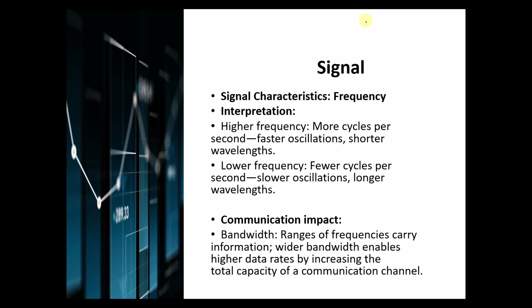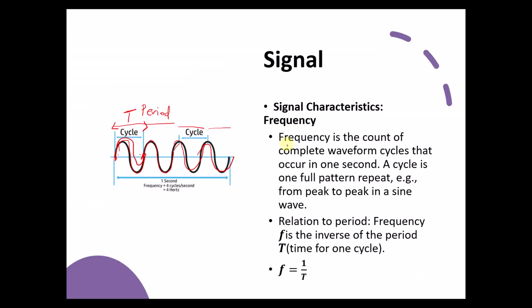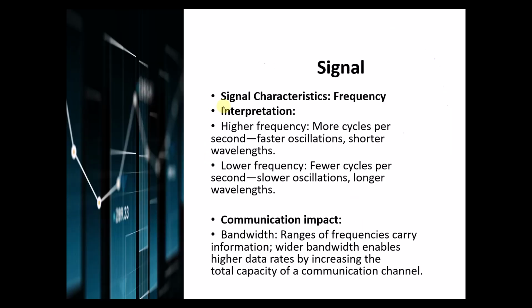With frequency, the higher the frequency, the more cycles per second. Looking at the formula, if you have a high frequency, it means this T will be very small, and then the number of cycles will increase. So the higher the frequency, the more cycles that a signal would undertake, and the faster its oscillation will be.